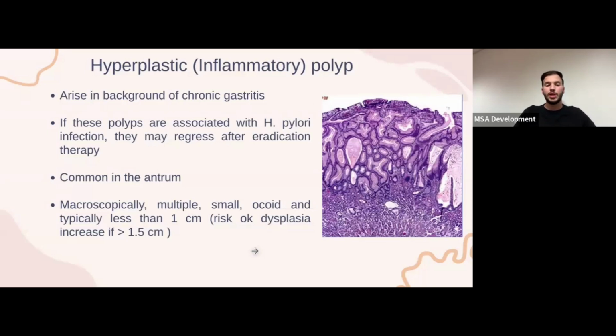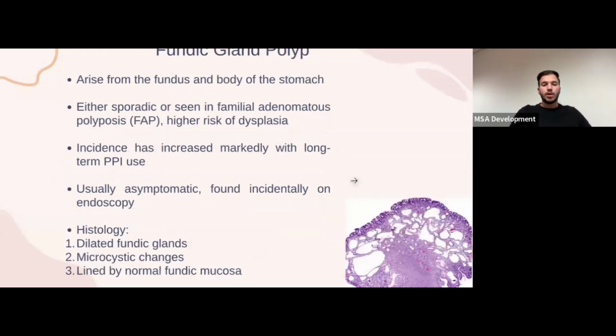Okay? It's mainly in the antrum, and macroscopically it presents with multiple small polyps, typically less than 1 centimeter. As we can see here, in the histological picture of the hyperplastic polyp, we have enlarged dilated epithelium, reflecting a regenerative response to the chronic mucosal injury.